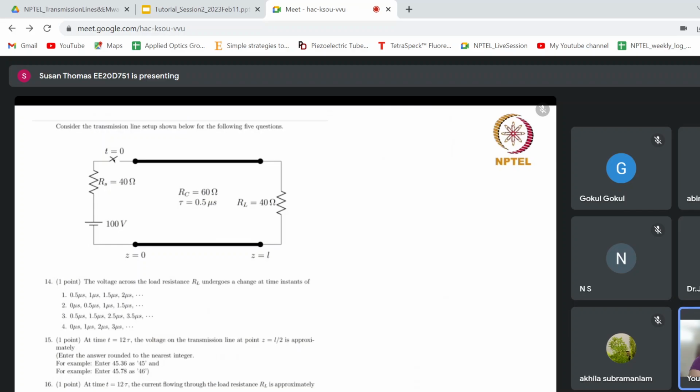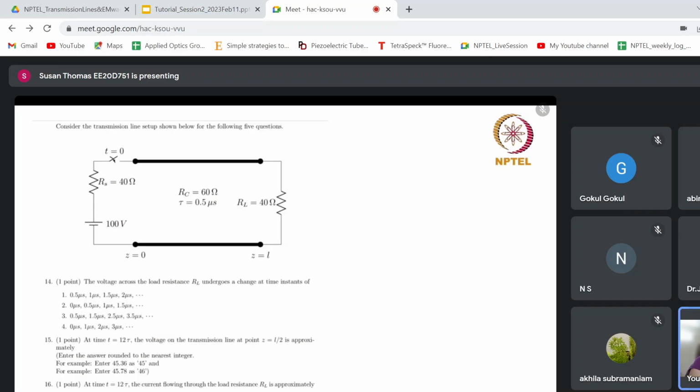Okay, so the next question is on voltage bounce diagram. This was one of the topics discussed in the week 2 content, so I hope all of you might have already come across this. Let's take a look at this transmission line setup.